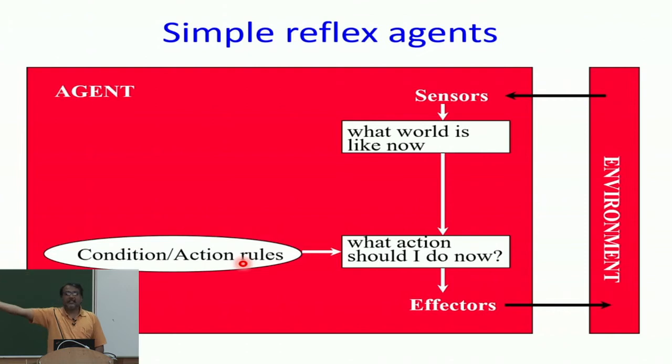If the first one fires, output the action; if it does not fire, go to the next rule. Let us call it a decision list. It is a list of decisions based on some conditions. This is what we will call a simple reflex agent, an agent which is just taking reflex actions.